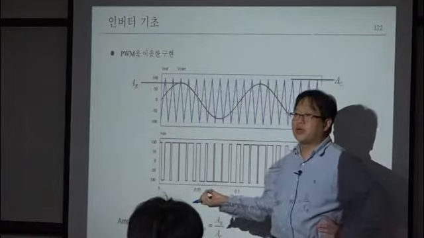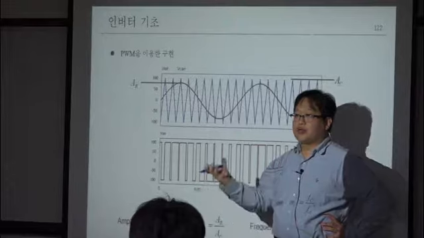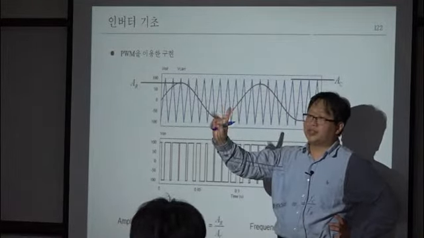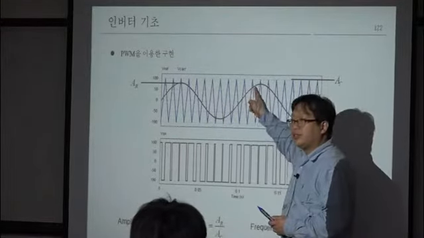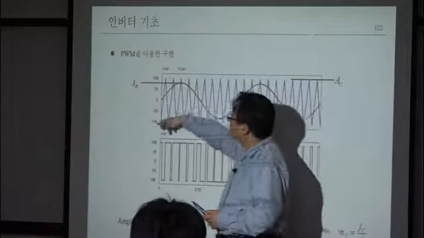PWM stands for pulse width modulation. To create the PWM, you should have basically two waveforms. The first one is apparently your reference. Reference is necessary. And the second one is what? The carrier.